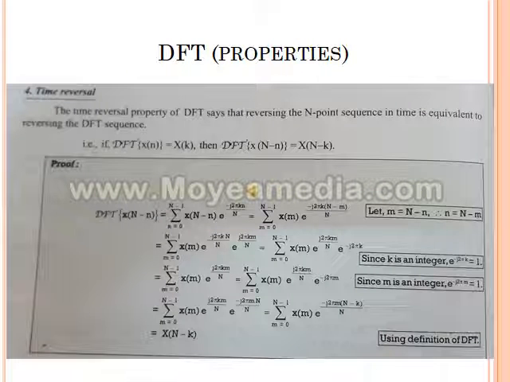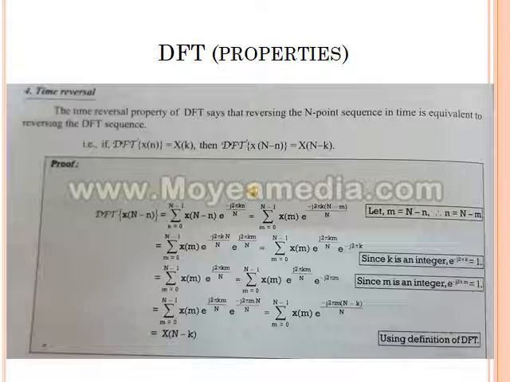The next property is the time reversal property. Time reversal, as we have already done in the previous class, means when we have a signal x of n and we want to obtain a signal x of minus n.